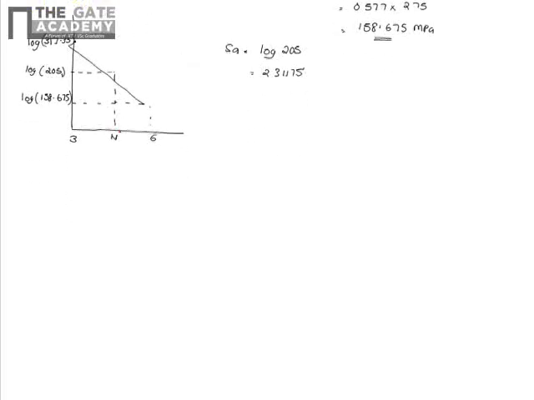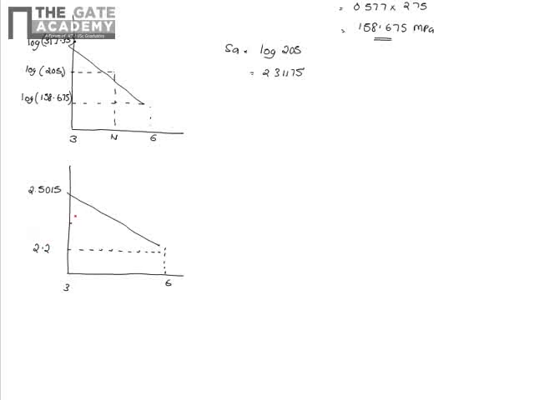I'll draw it once more. So log of 317.35 is 2.5015, and at this point it will be log of 158.675, that is 2.2.